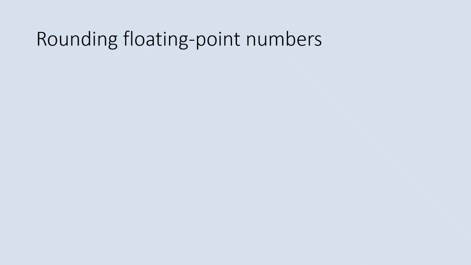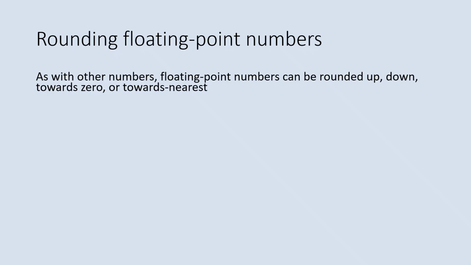All right, so still in this situation, there are numbers that we can't represent exactly. We need to round them. And the standard describes multiple ways of doing rounding. As with any other number, floating point numbers can be rounded up. In decimal numbers, we're looking for things that are 5 or bigger at the end, and we round up in that case. We round down if it's smaller.